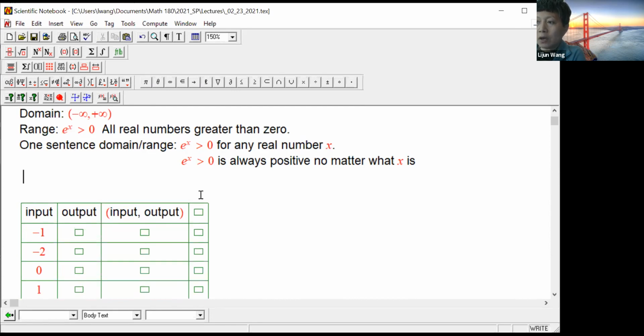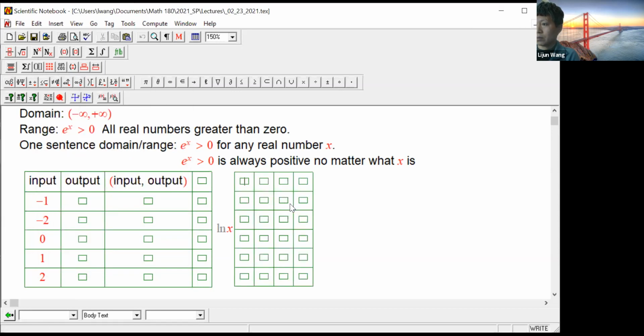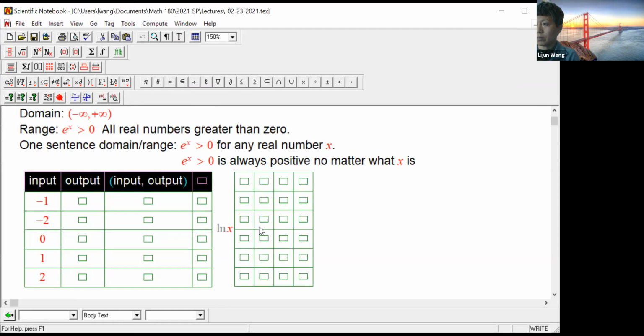Okay, so now I want you guys to plot these points. Actually, our time is up. Okay, today's homework. I want you guys to plot these points for e to the power x and ln x. For ln x, we also have input, output, so on and so forth.